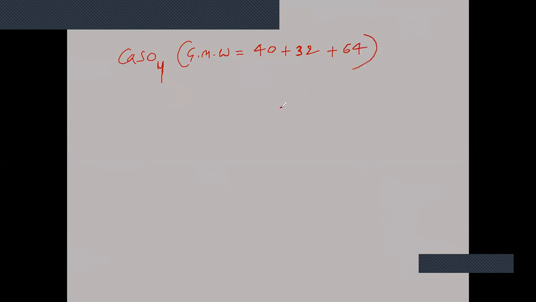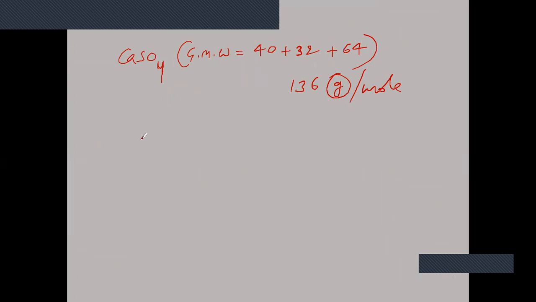So gram molecular weight, how much is it? 136. 136 what? Grams per mole. That means 136 grams of CaSO4 is equivalent to 100 grams of CaCO3.